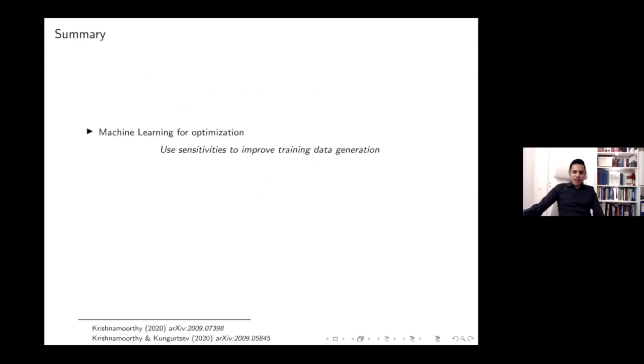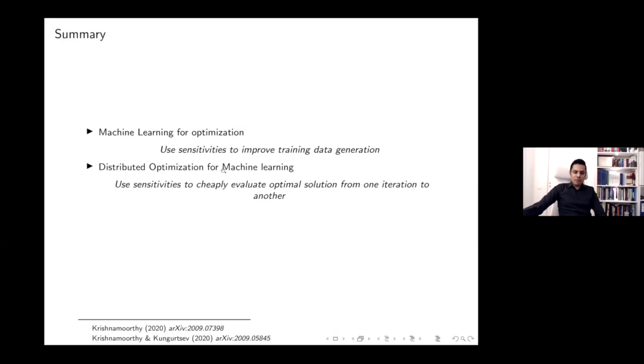So with that, we have two paradigms that we looked at. The first is machine learning for optimization, where we wanted to use machine learning to approximate decision-making problems. And in order to generate the training data, I showed how we can exploit the parametric sensitivities to cheaply generate several data points using only a few optimization problems that are solved offline.